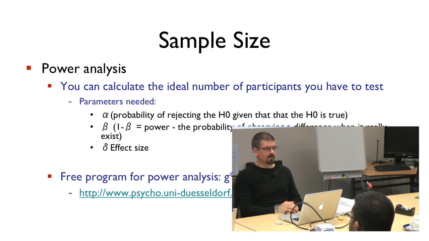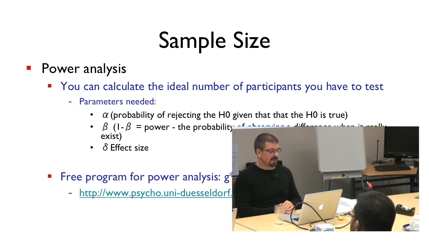It's not that often done in HCI, so I haven't seen it very often. It's more common in psychology research and very common in medical research. So for most medical papers, and especially if you put in grant applications for medical research, there always has to be a power analysis there to calculate your optimal or your ideal number of participants.